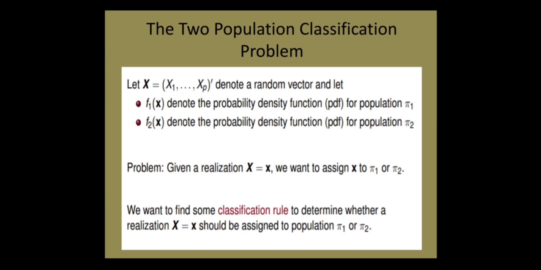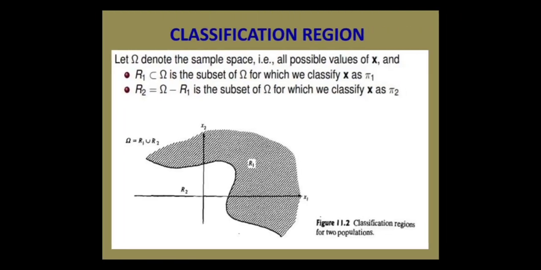We want to find some classification rule to determine whether a realization of X should be assigned to population 1 or population 2. So we can create the formula after this to see, if we have a new observation, which region that new observation will go to.